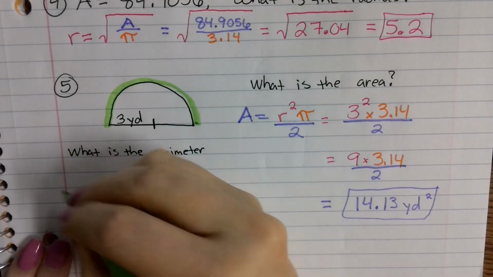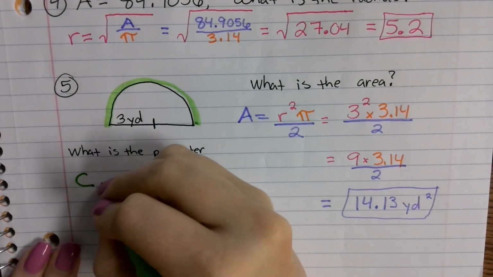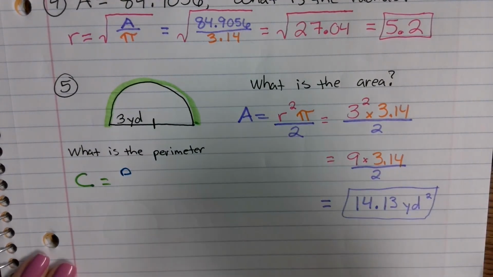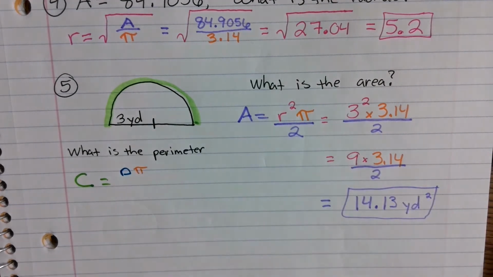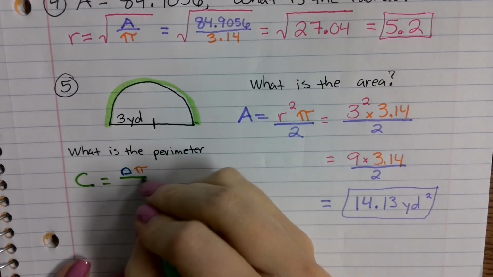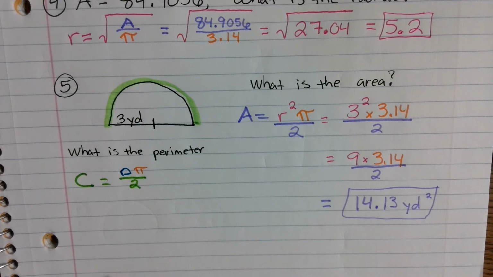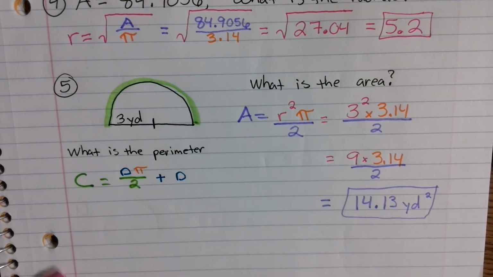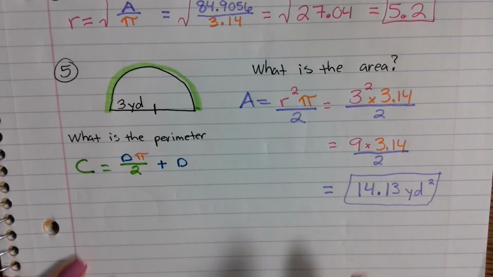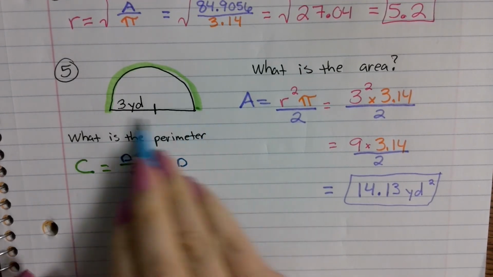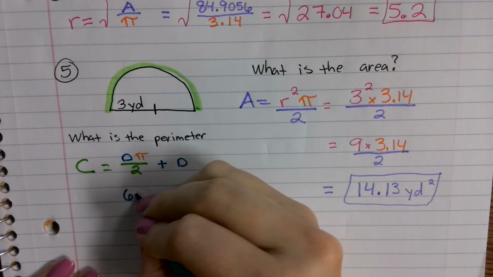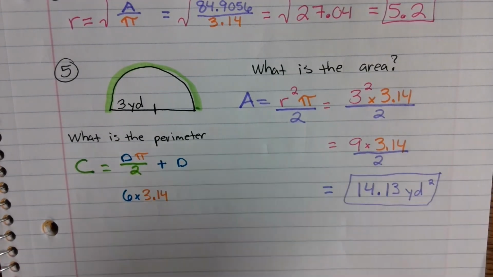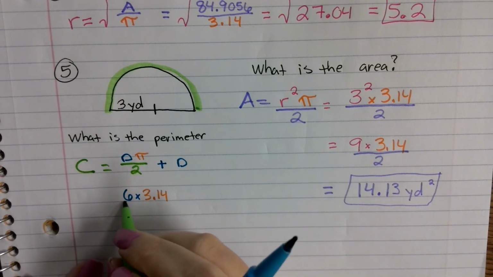So if I wanted the perimeter of this actual shape, then like Rashawn said, you would take that circumference, which is diameter times pi. You would then divide that value by 2, but then you would have to add the diameter to it. So the diameter is what? 6. So I would take 6 and multiply it by 3.14 and then divide that answer by 2.